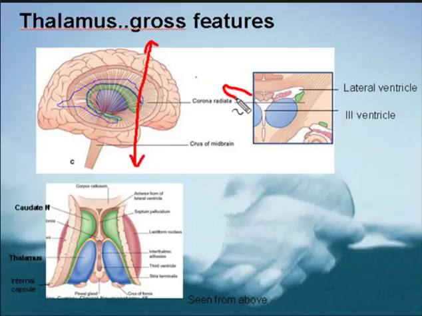So that's the lateral ventricle on either side. Here is the choroid plexus of the lateral ventricle, and then you can see the third ventricle in between. And here we see the thalamus. So this is the thalamus. And notice how it's forming the lateral wall of the third ventricle, and its upper surface here forms the floor of the lateral ventricle. So I hope that explains it.